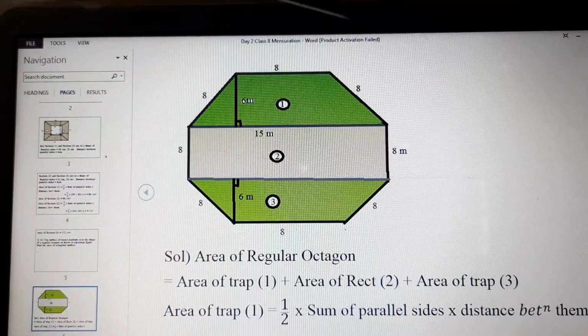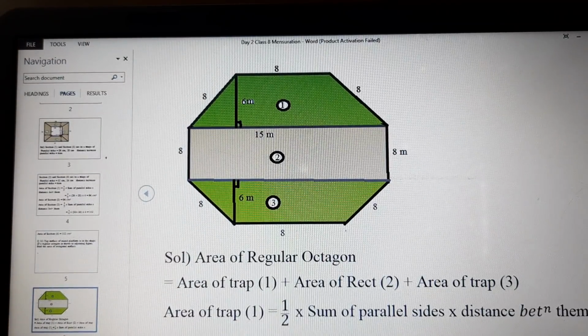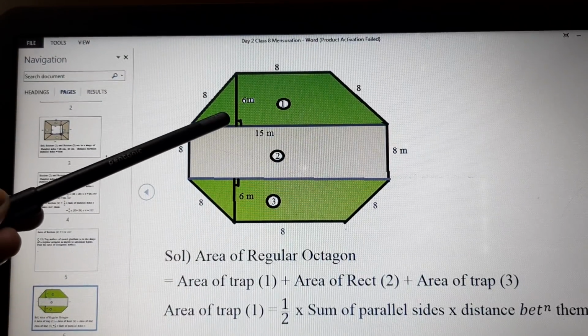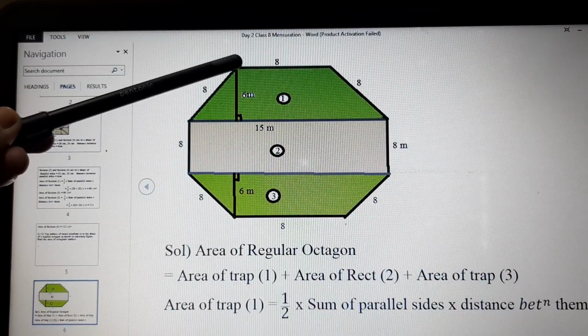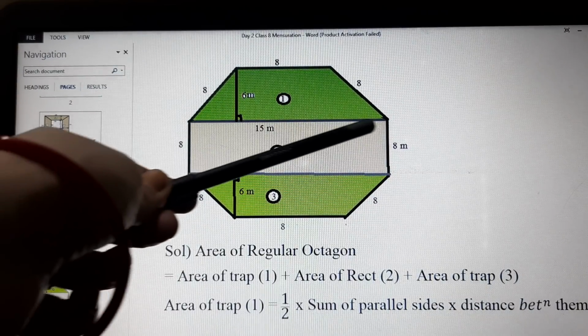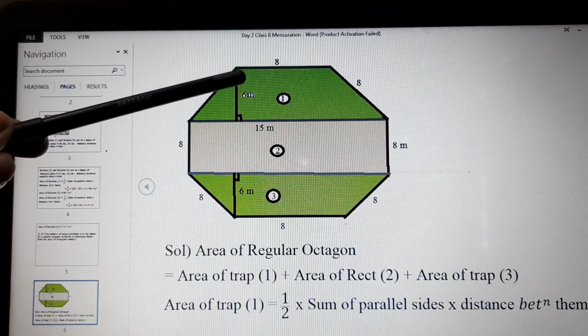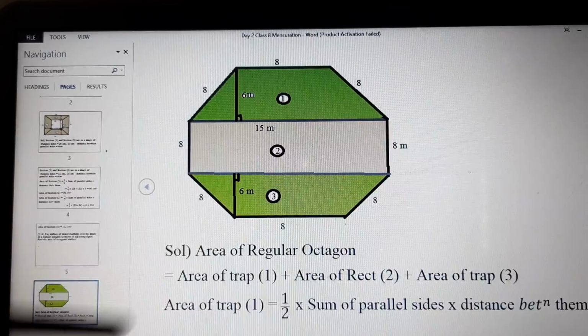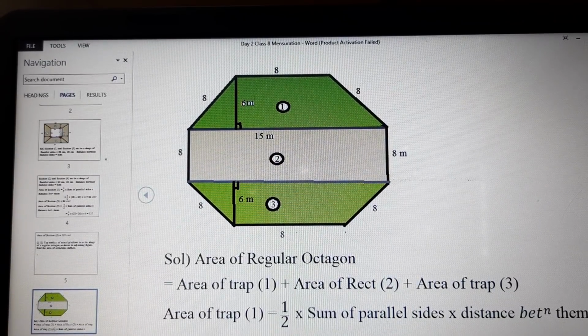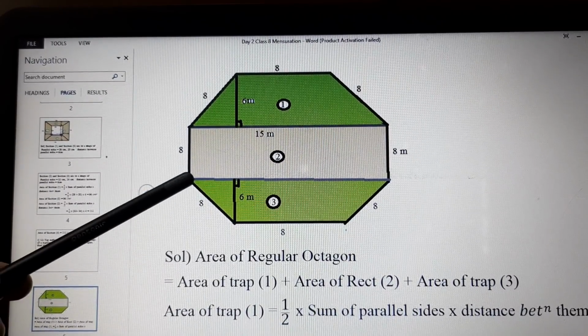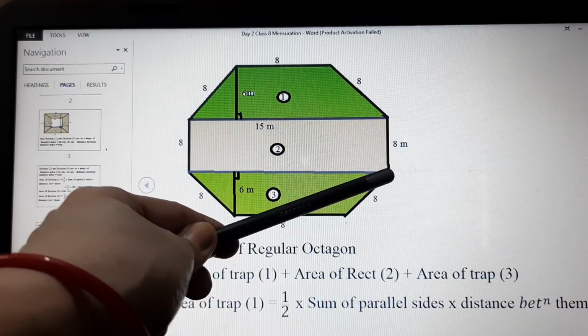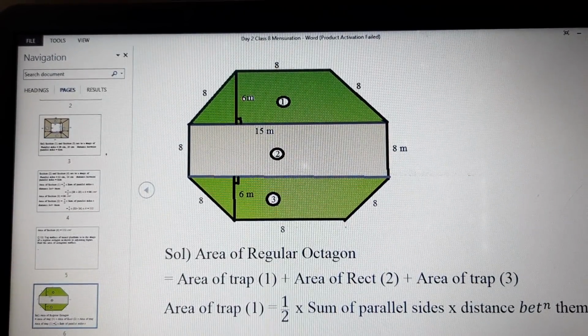So all will be 8 and 8. Clear? It has been given in the question that they have joined this line and dropped a perpendicular. So it is 6 meter and this line has been given as 15 meter. If we join one more line, then which kind of shapes do we have?